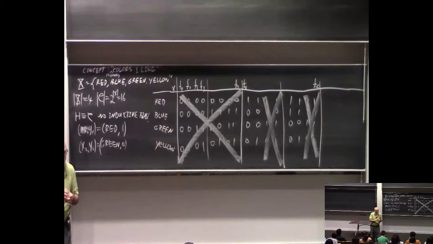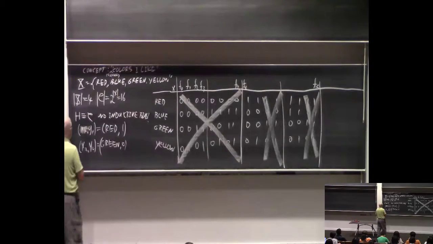So I'm still kind of confused about why you say the input space is 4 here. For example, if we have red 1, blue 1, green 1, yellow 1, and red 0, blue 1, is it considered as 2 different inputs? So the question is, why am I saying that the input space is of size 4?